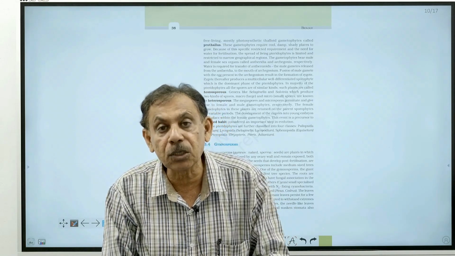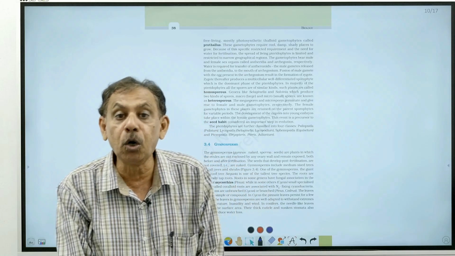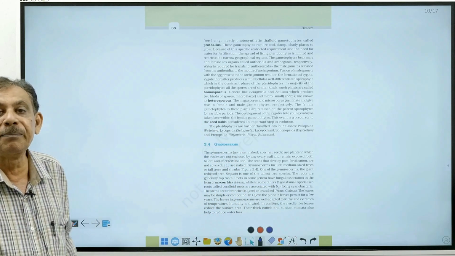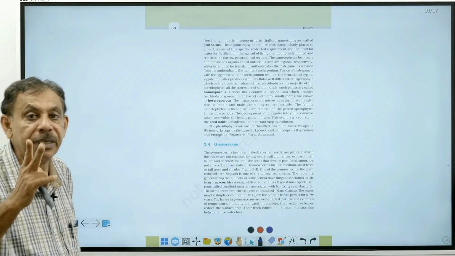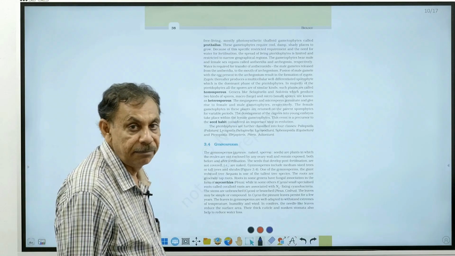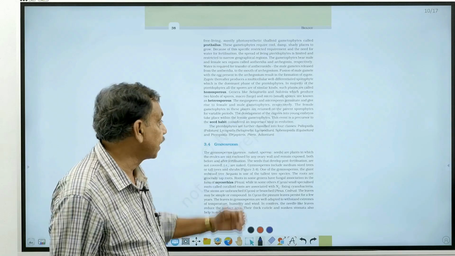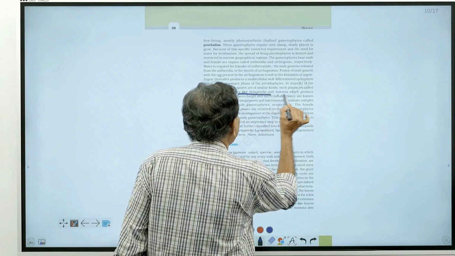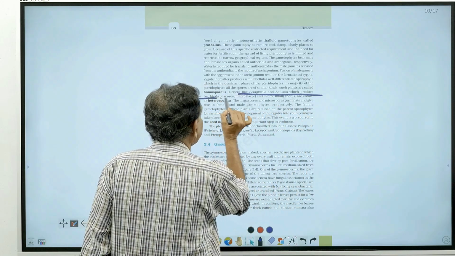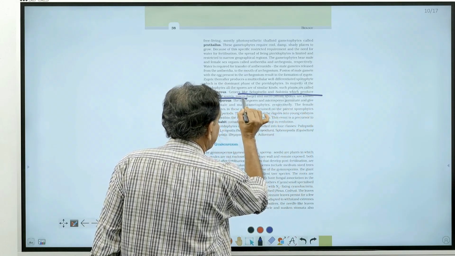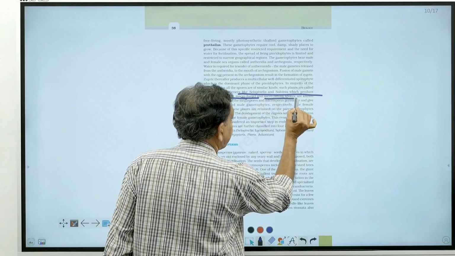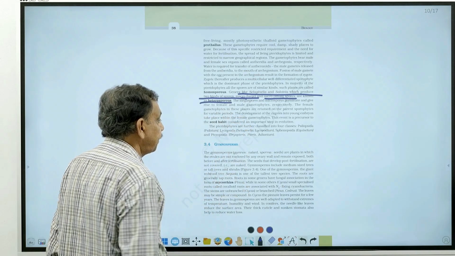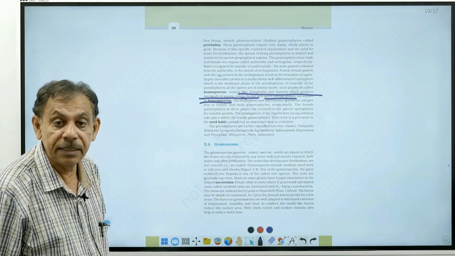They are called homospores, the homosporous condition. Whereas the first reported two members in pteridophytes, very commonly known, are Selaginella and Salvinia. They produce two kinds of spores, heterospores, macrospores and microspores. Macro means large, micro means small. This condition is called the heterosporous condition.